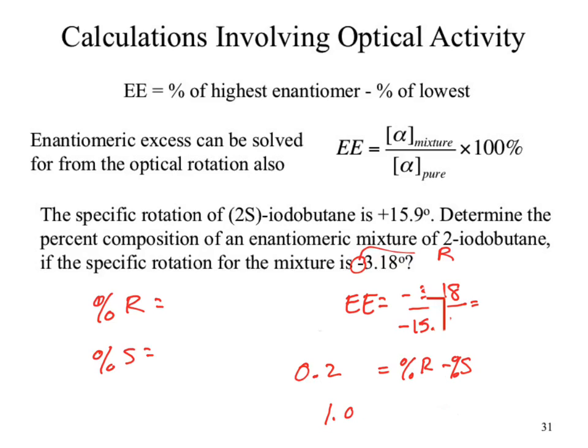So you get 1.00 equals R plus S. So R equals 1 minus S. We can sub that in.